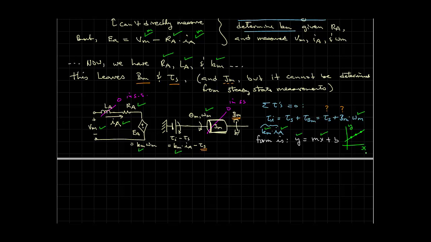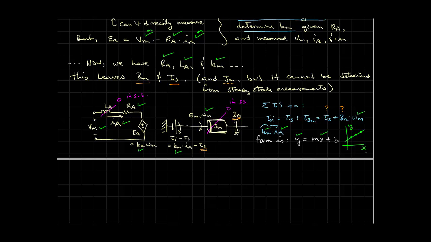In such a case, it would be preferable to actually apply a voltage, set the voltage Vm, and then measure the current. As long as you can change the voltage, and ultimately that changes the current, or you can change the voltage and that ultimately changes omega m, then you've achieved the objective, which is to plot this y equals mx plus b line for multiple points, sufficiently so that you can then use some kind of curve fitting to extract the slope m and the y-intercept b.